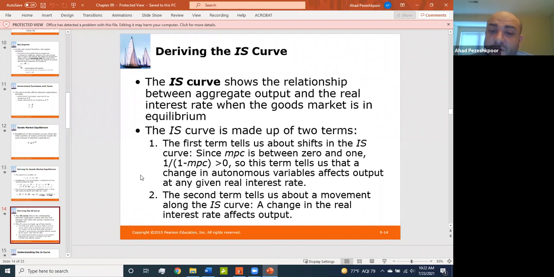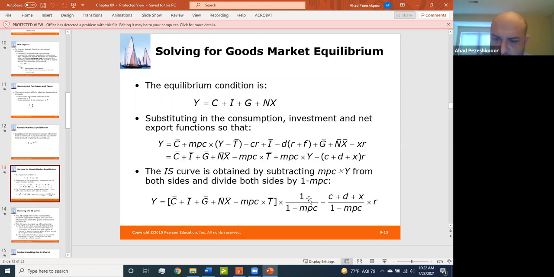The IS curve shows the relationship between aggregate output and the real interest rate when the goods market is in equilibrium. The IS curve is made of two terms. The first term tells us about shifts in the IS curve. This part here.